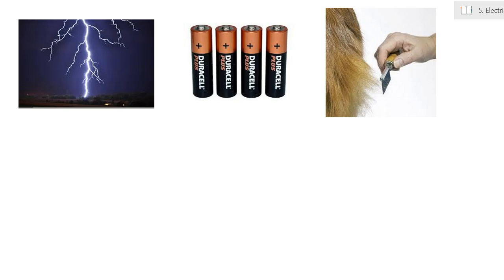Now 1 coulomb represents a lot of charge. For example, 15 coulombs of charge is transferred when lightning strikes the Earth. So 15 coulombs of charge is transferred from the clouds to the Earth. If we look at something like a AA battery, they contain 9,000 coulombs of charge, which is shocking considering that a lightning strike sounds way more powerful than a AA battery.